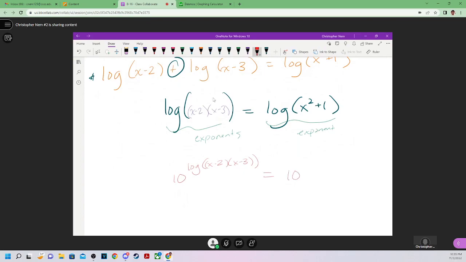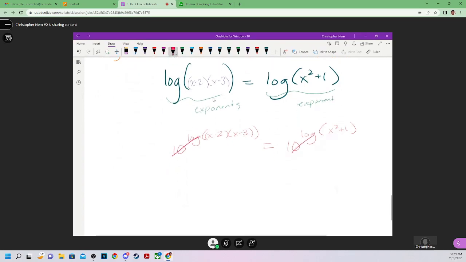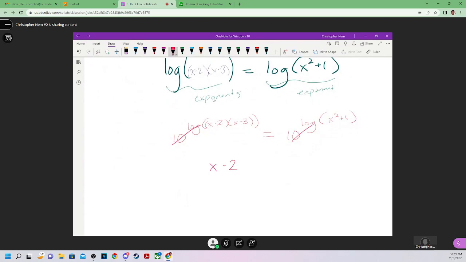Equals base 10 to the log of x squared plus 1. If I apply this, these cancel out nicely, so I'm left with x minus 2 times x minus 3 equals x squared plus 1.